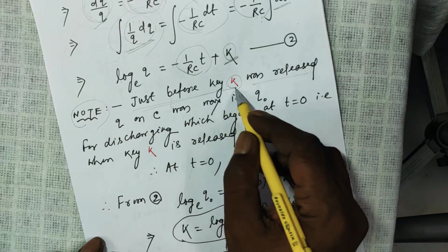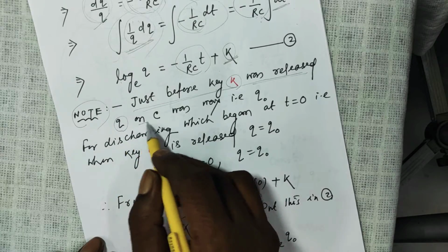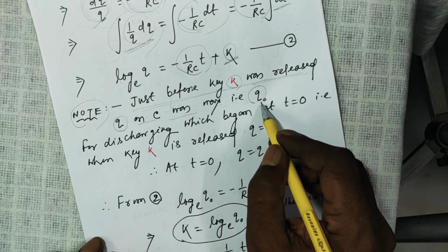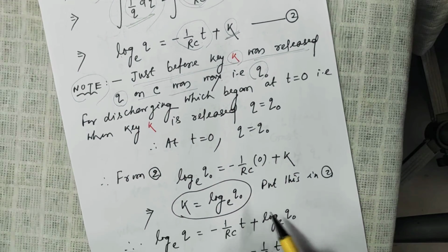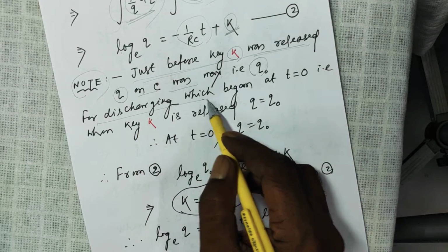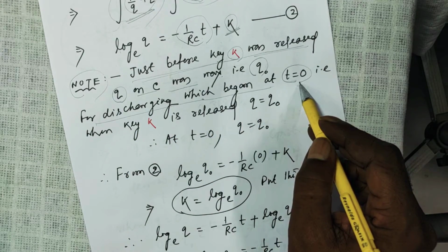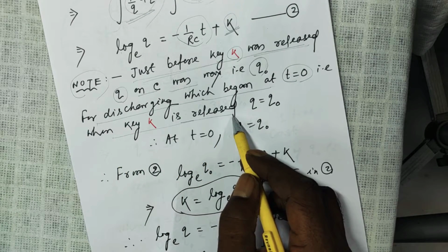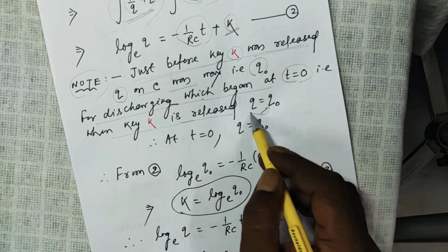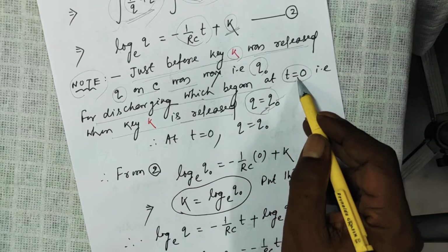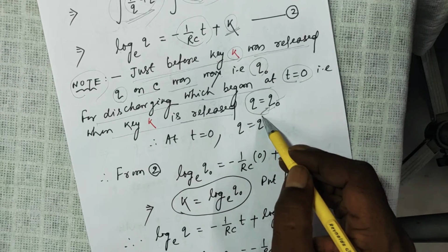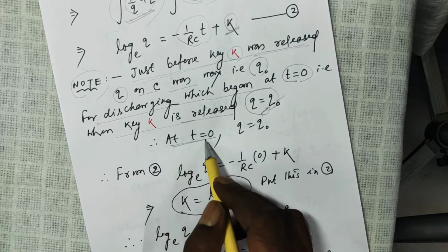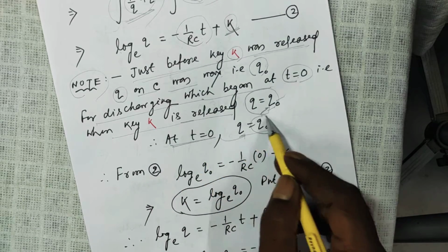Just before the key was released, Q on the capacitor was maximum, that was Q naught. For discharging, which began at t is equal to 0, that is when the key is released, what is the charge in the capacitor? Maximum Q naught. So at t is equal to 0, the charge on the capacitor Q is equal to Q naught.